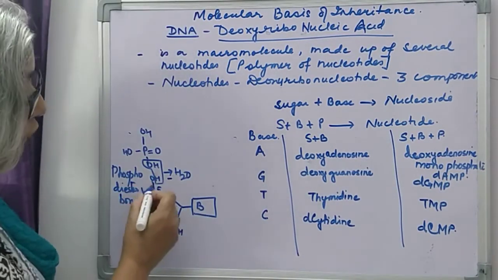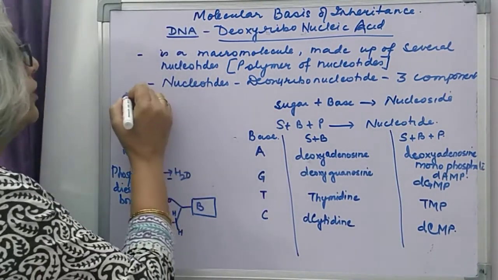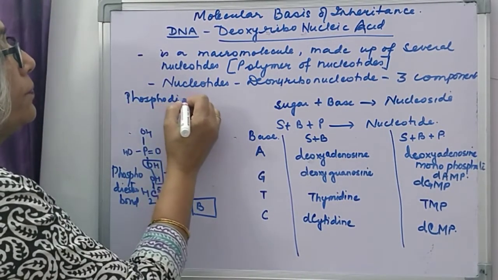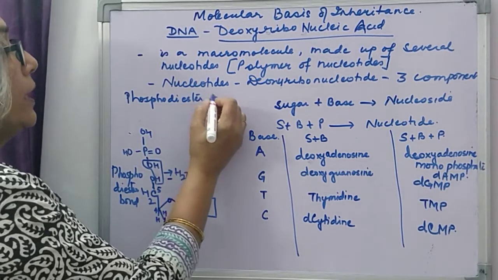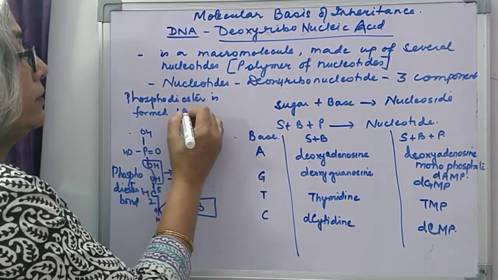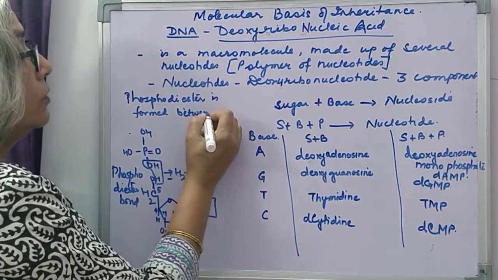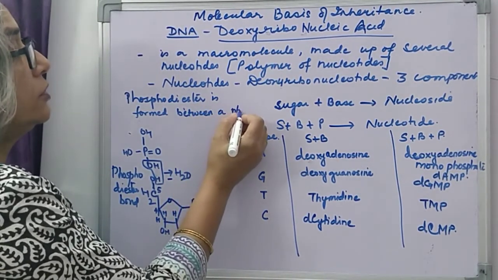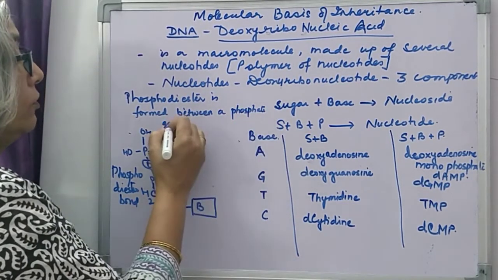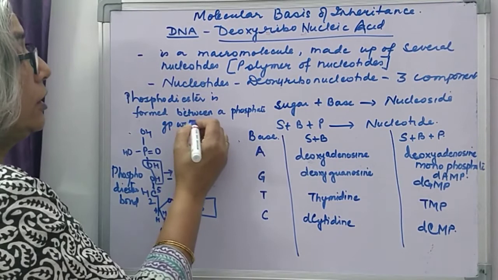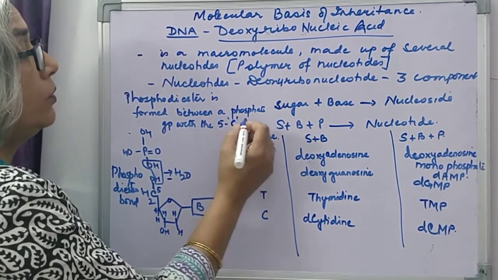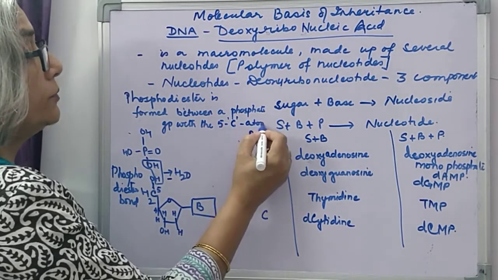Now this phosphodiester bond, make note of this. This phosphodiester bond is formed between a phosphate group with the fifth carbon atom of the sugar.